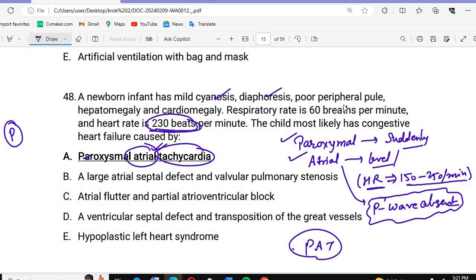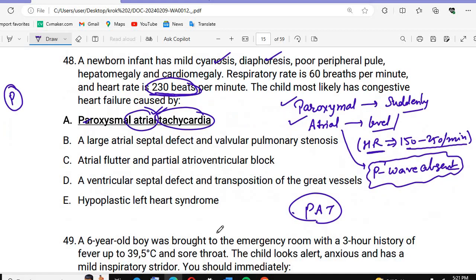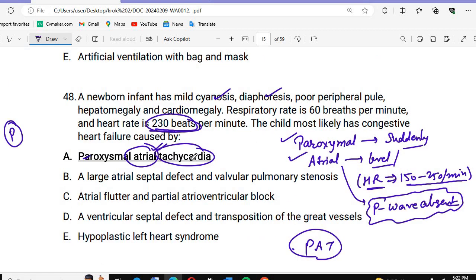Okay. Now let's continue with all these things. Again we will discuss paroxysmal, because this is not just a single topic. You should understand this topic with the whole things together, whether it is paroxysmal atrial tachycardia, paroxysmal ventricular tachycardia, there will be VT, AT, AF.